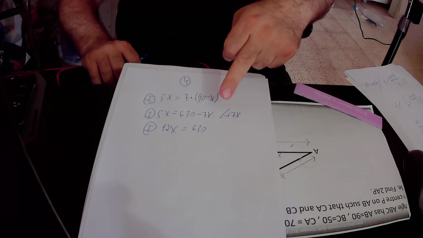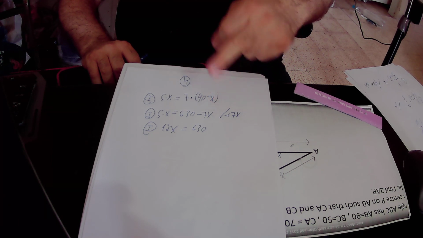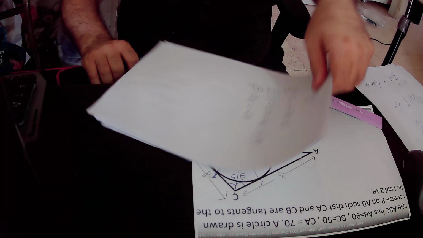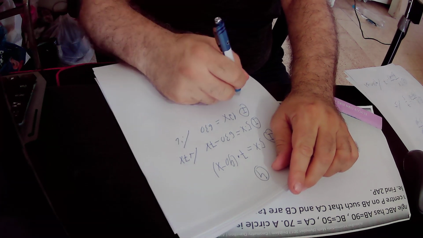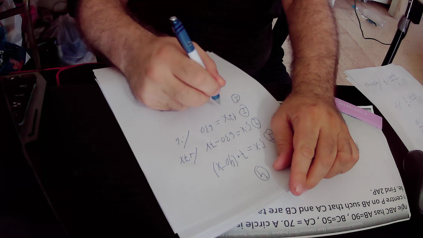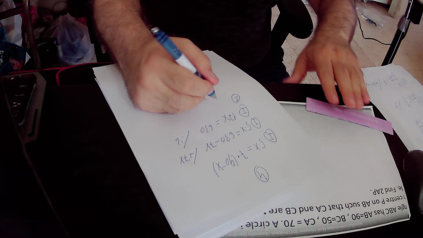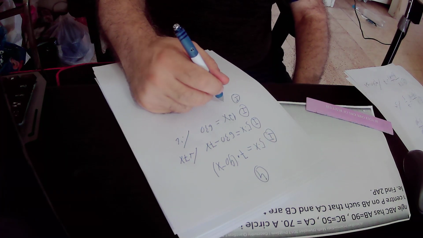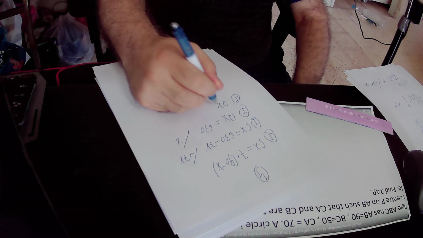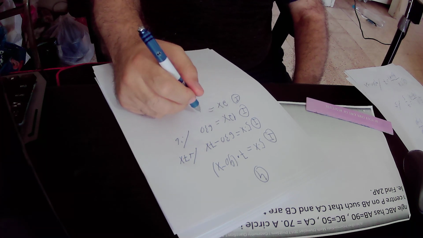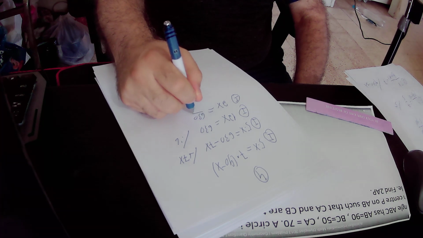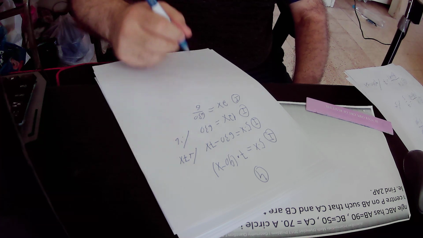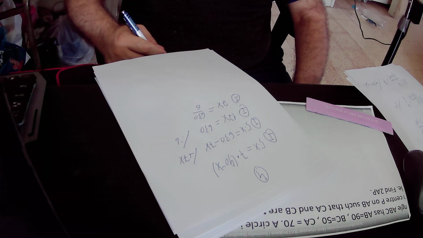Now we will divide both sides of the equation by 6. We will get that 12x divided by 6 equals 2x, and 630 divided by 6 equals 105.